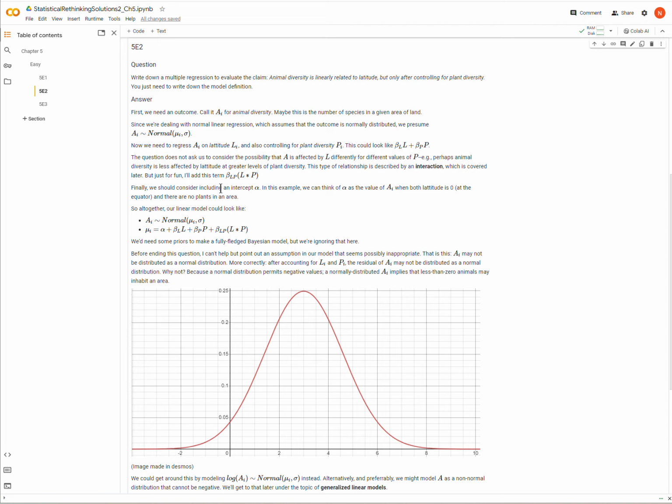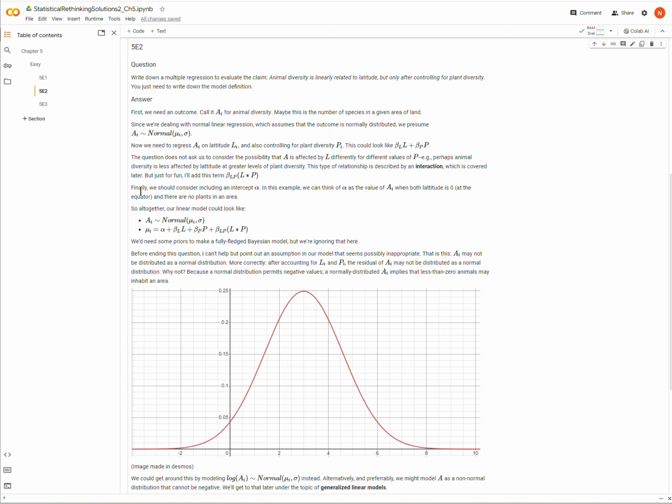So maybe generally as you go up in latitude, there is less animal diversity, but in other circumstances where there is greater plant diversity, maybe the effect of latitude is diminished. And that would be an interaction term, and we might write that term like this, beta LP, and then we multiply the two variables, L and P. Again, the question doesn't ask us to do that, so I don't know that you need to do that, but I am just doing it here for fun, I guess.